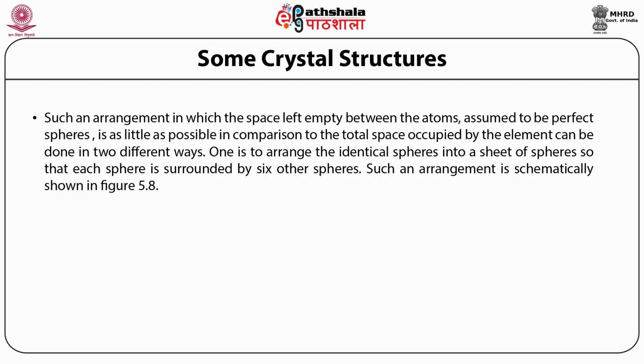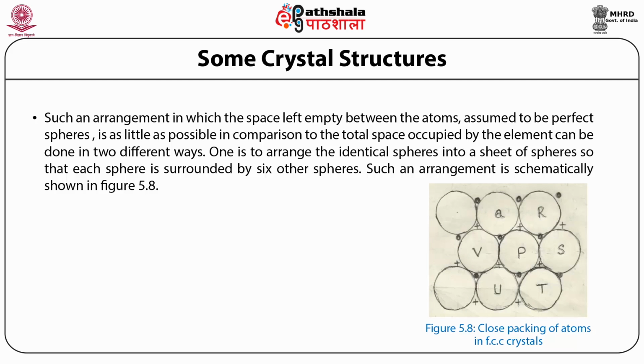One is to arrange the identical spheres into a sheet of spheres so that each sphere is surrounded by 6 other spheres. Such an arrangement is schematically shown in figure 5.8, which shows close packing of atoms in FCC crystals.